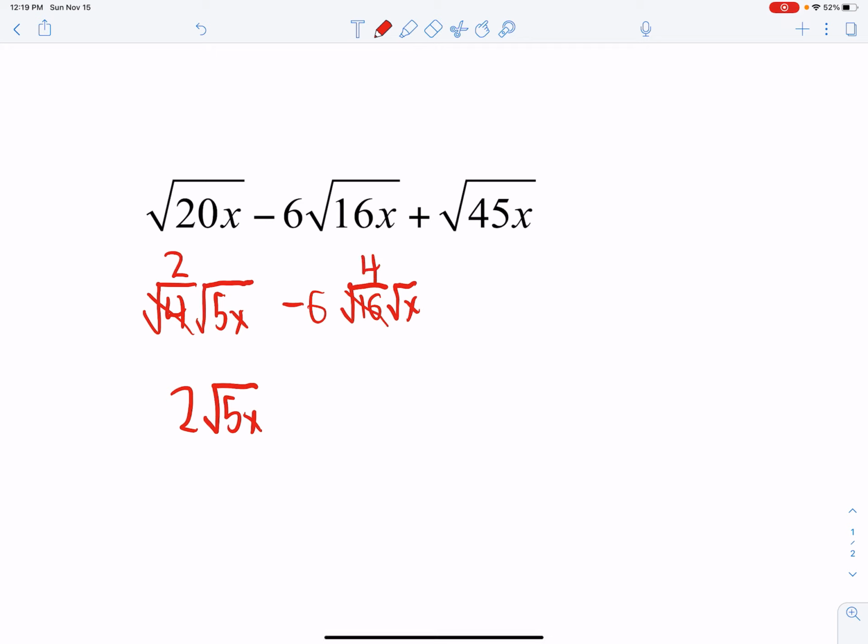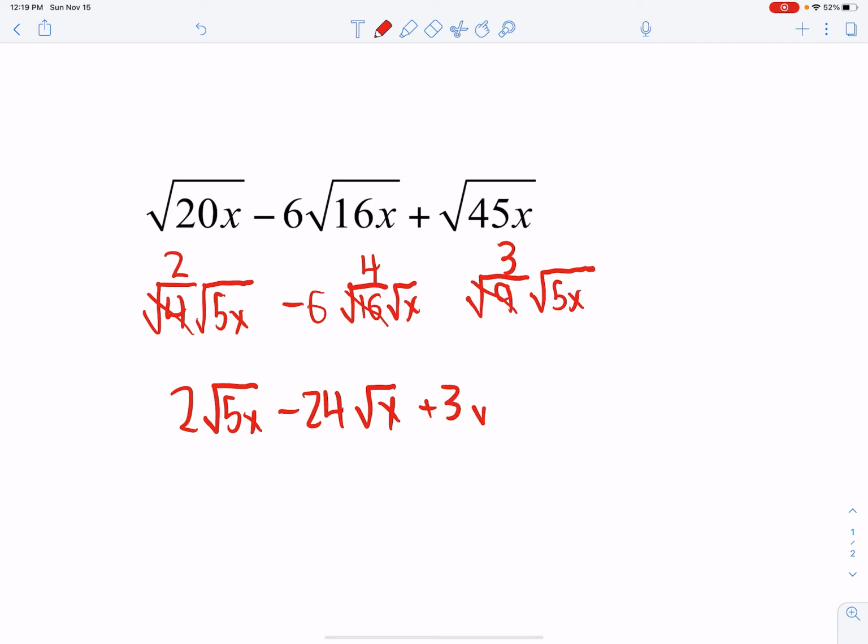The square root of 16 is 4, so here we do negative 6 times 4, and we would have minus 24 square root of x. Then for the last one, when we're splitting that one up into parts, 9 goes into 45, and we divide 45x by 9, you would have 5x left over. And the square root of 9 is 3, so we have plus 3 square root of 5x.